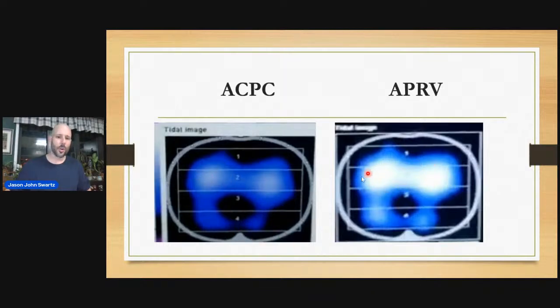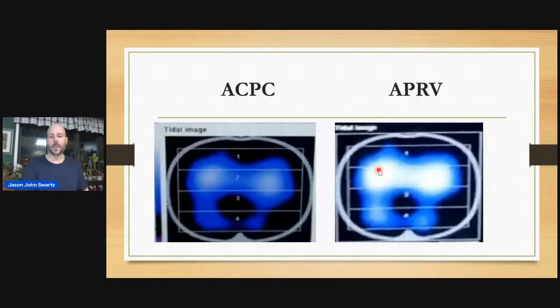Most of the time it would go to the ventral areas. You see here with the APRV, yeah, sure, maybe it's a little bit better, but see this white bar here? That's just telling me that a lot of the power that I'm pushing here with the vent to try and open this area is going to the ventral area, the more compliant areas, and that can put the good area of the lung at risk.